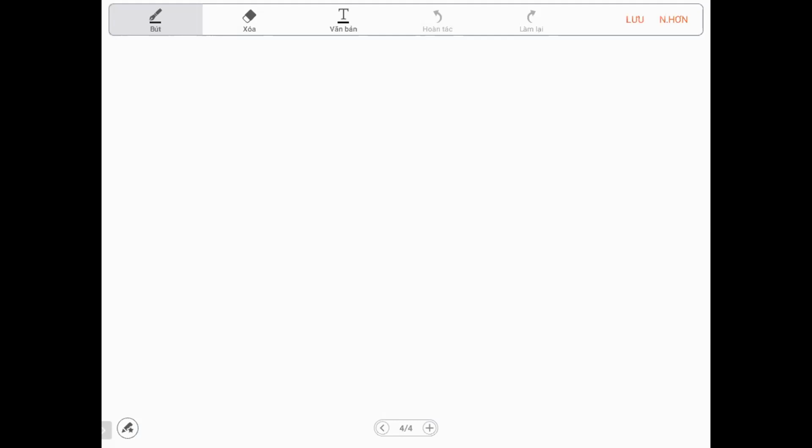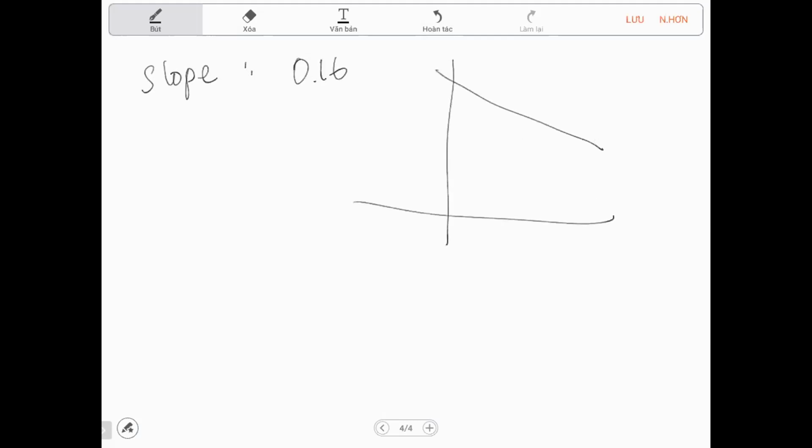In this case, we know the slope information, right? It's 0.16. And we know that the graph looks something like this. So at this point it's 28 minutes, and the value is 28.92.